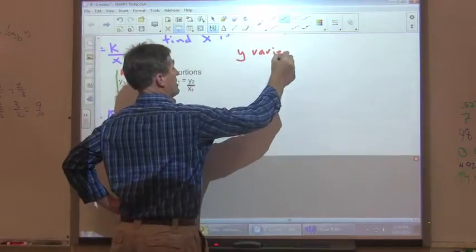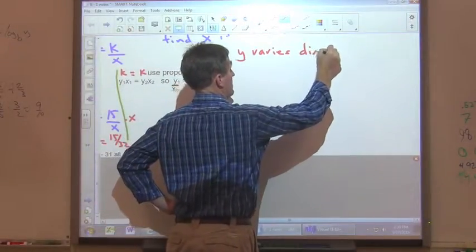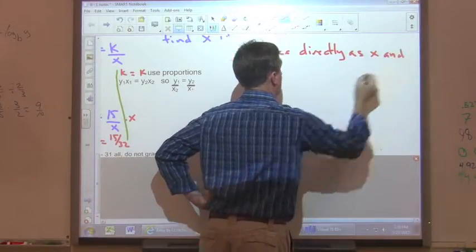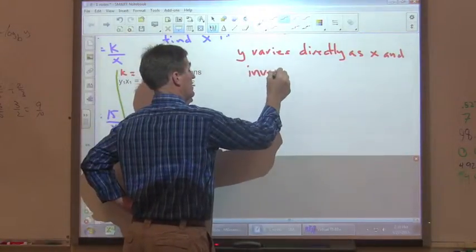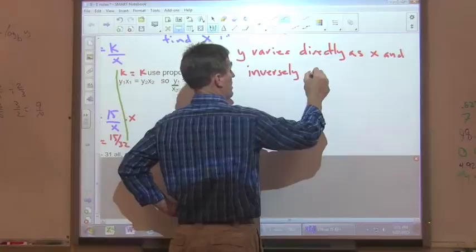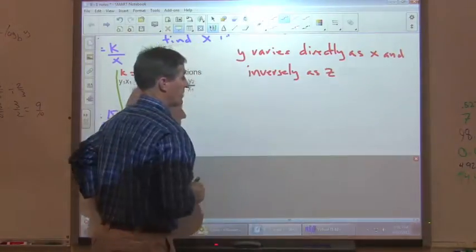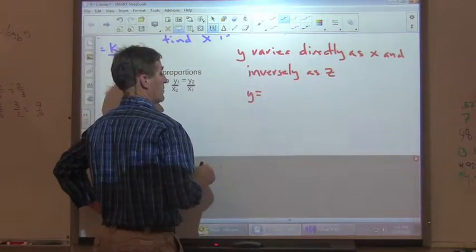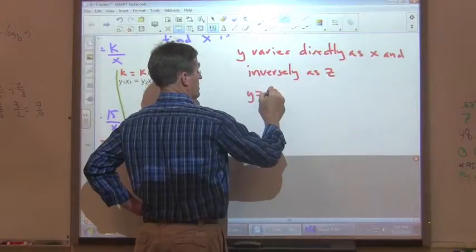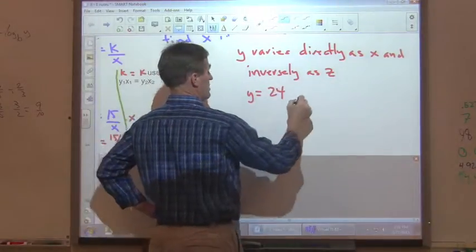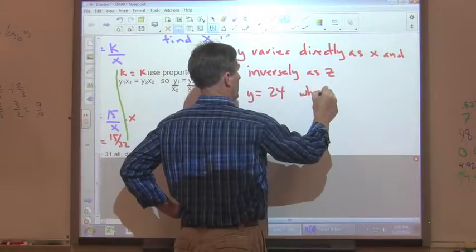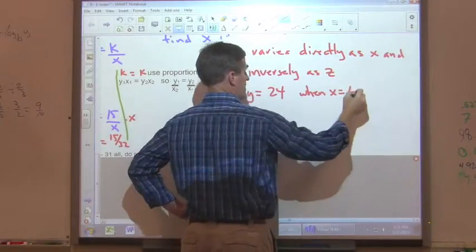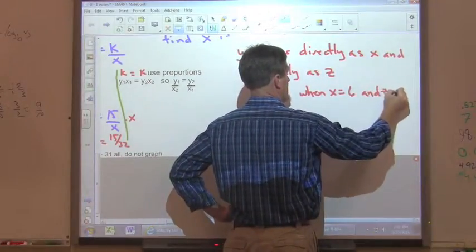Y varies directly as x and inversely as z. And let's say y equals 24 when x equals 6 and z equals 2.